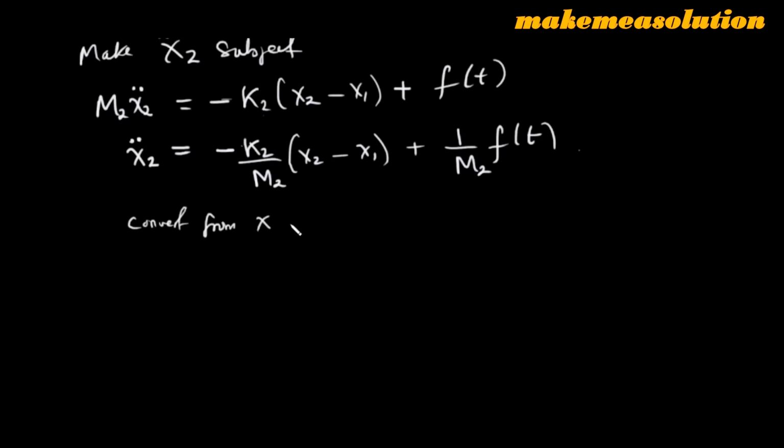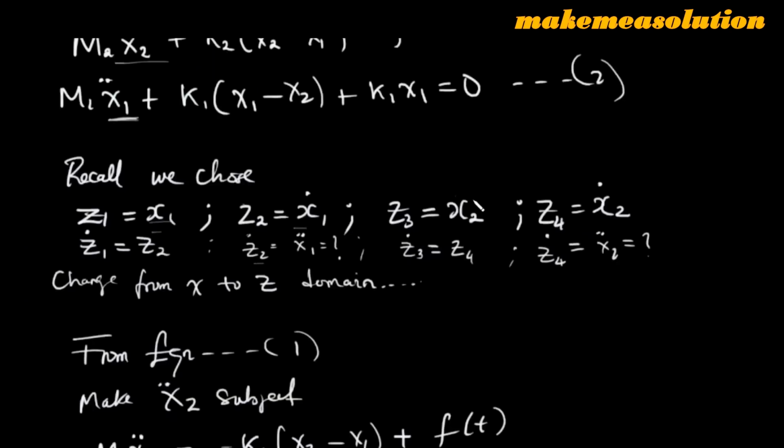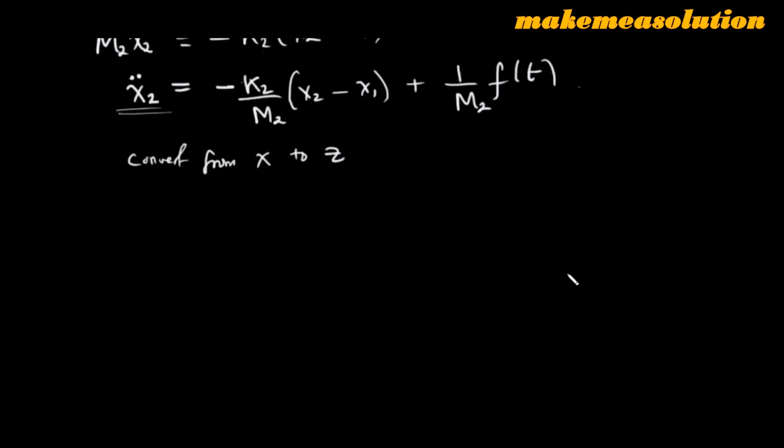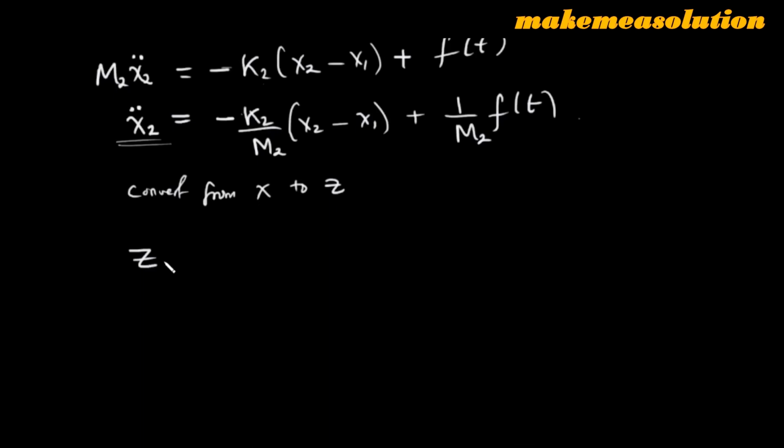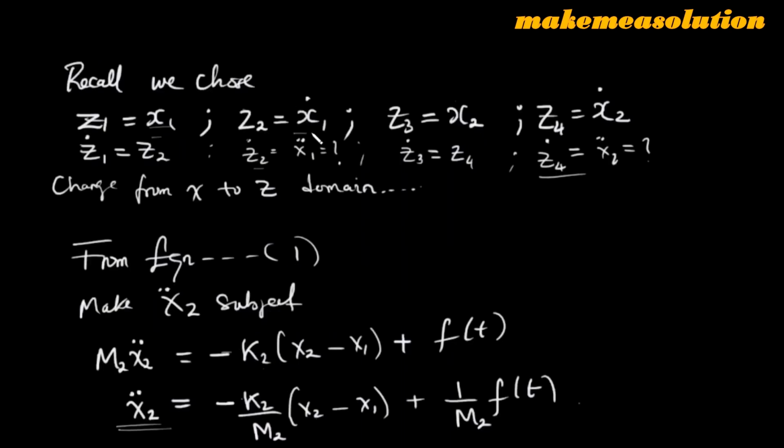If you do it like this, then you can convert from x to z. Now you know that x2 double dot in terms of z is z4 dot. Is that okay? So you now have z4 dot is going to be minus k2 all over m2 into my x2. So what is my x2? My x2 is z3.